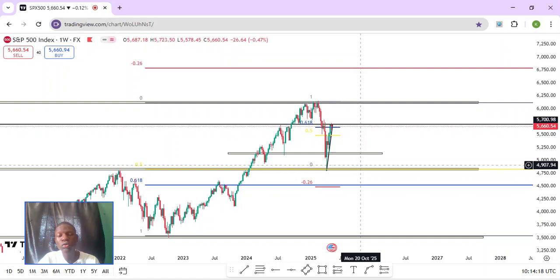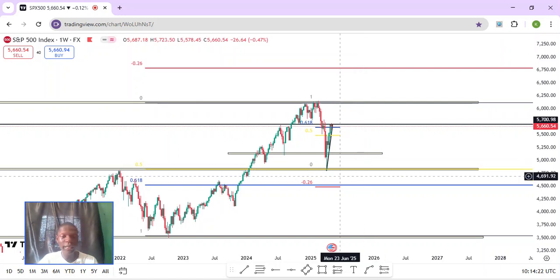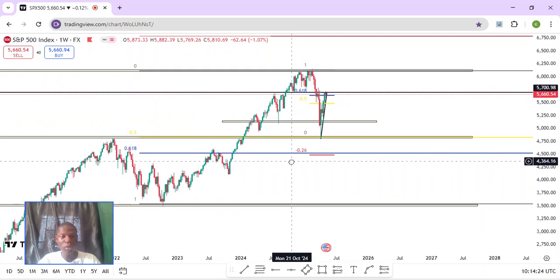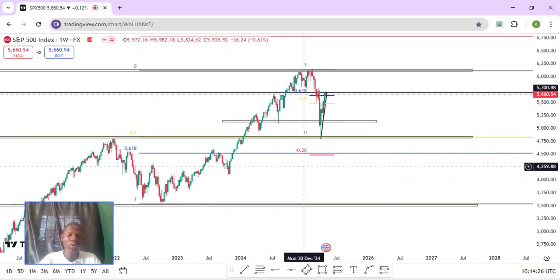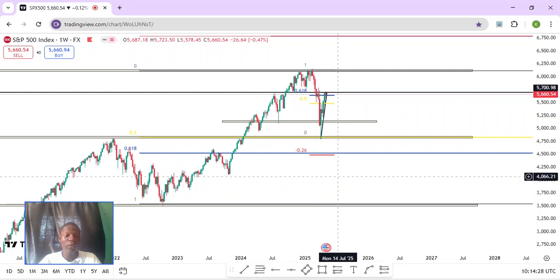So the market has to come and give us equal lows here, or if the market is not ready to go all the way to the upside, then the market will give us another lower low. But ideally the market should give us equal lows.